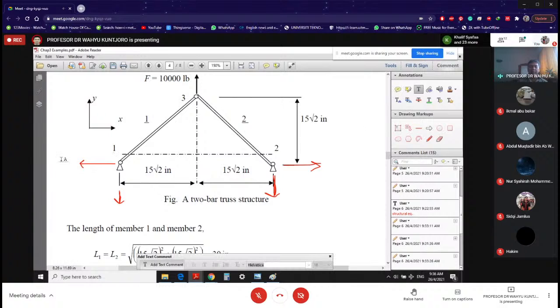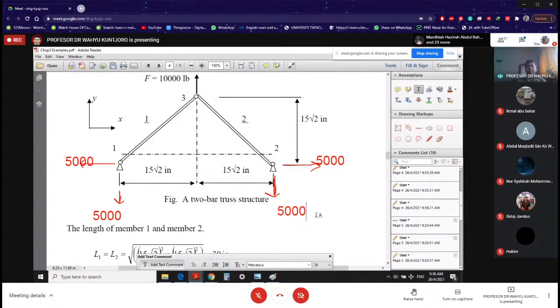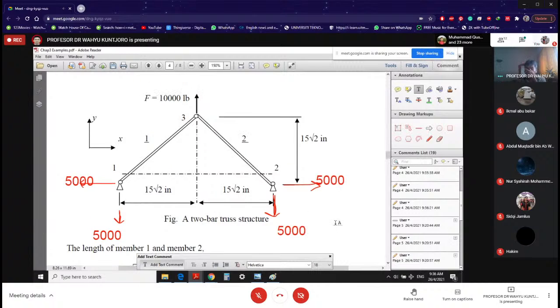So now it is going to be 5,000, same on the right, positive. Now you see here, I have all external forces. And of course, don't forget, you have also this. So these are the set of external forces on our structure.